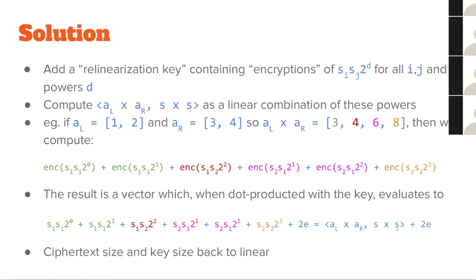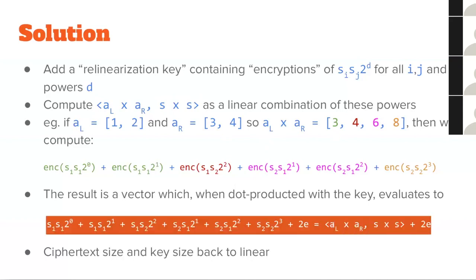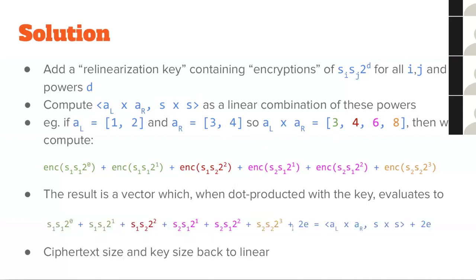And so if you were to evaluate it and cancel the error out, because this gives you M1, M2 plus some error, you would get M1, M2. So this both preserves the message, and because it's an addition of a bunch of linear size ciphertexts, the ciphertext size and the key size also go back to linear. So I'll stop again and wait for questions, because relinearization is also not very intuitive.